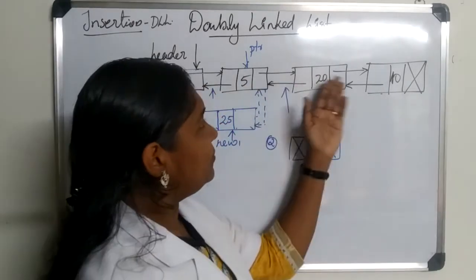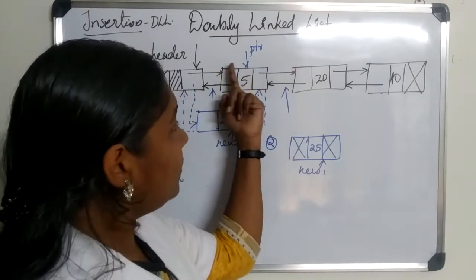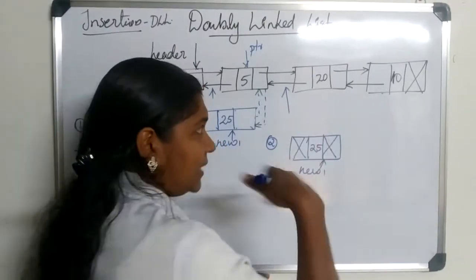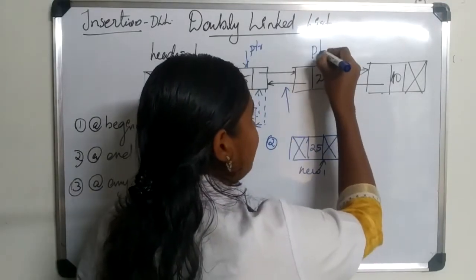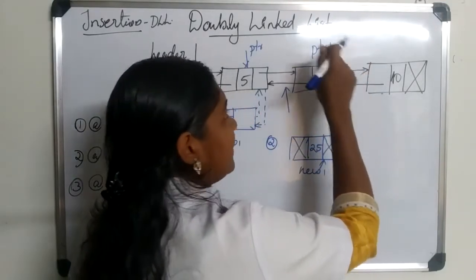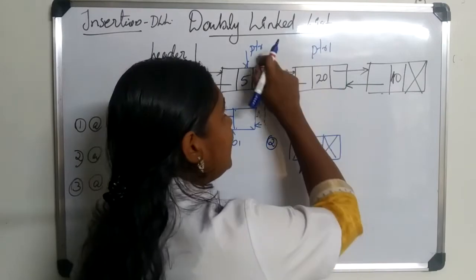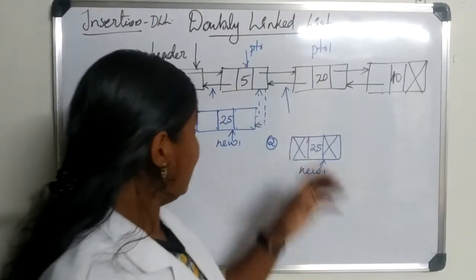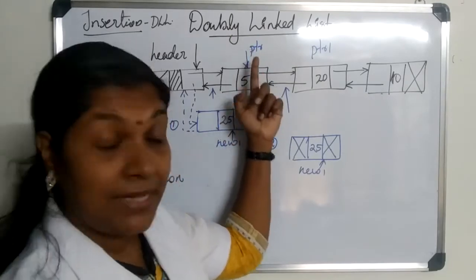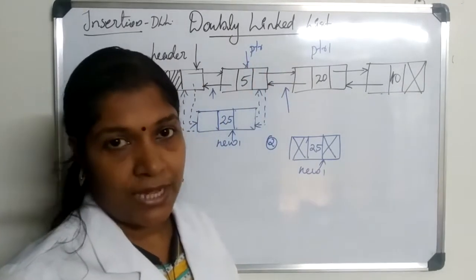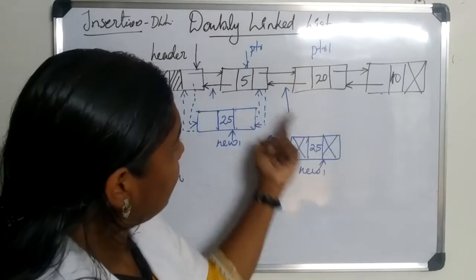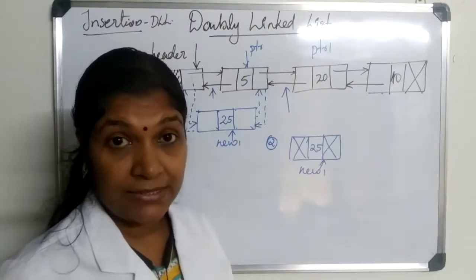It is very easy to provide names for the previous node and next node, but we will consider that when we consider the code. So let's provide the name PTR1 to this node, and this node is already having the name PTR. If it doesn't have a name, then we will assign a name to that node also. And if we have names for all the three nodes, then it is very easy to manage the links, right?